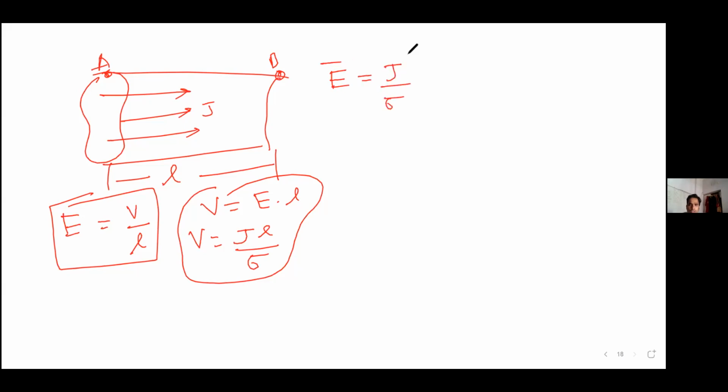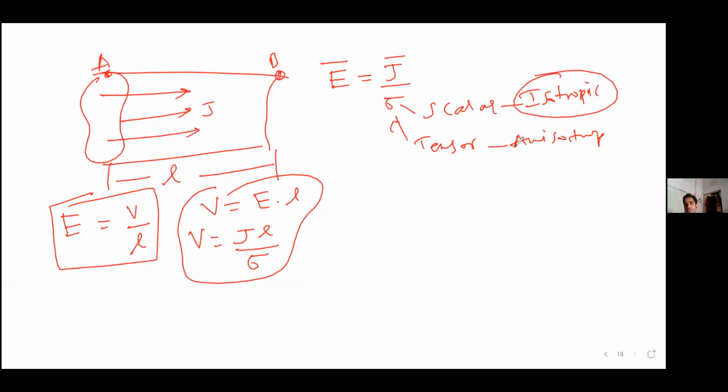Now this is a vector, and this can be a scalar or a tensor depending upon the medium. If it's an isotropic medium, this becomes a scalar. If it's an anisotropic medium, this becomes a tensor. We'll assume it's an isotropic medium, and we don't go into tensors. So what we get is J bar equals sigma E bar.